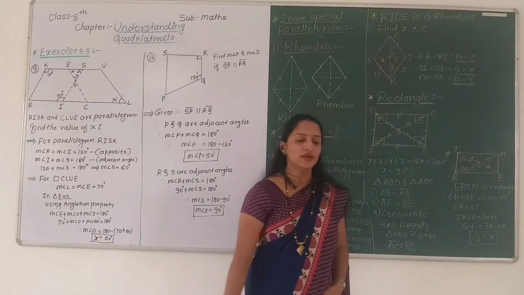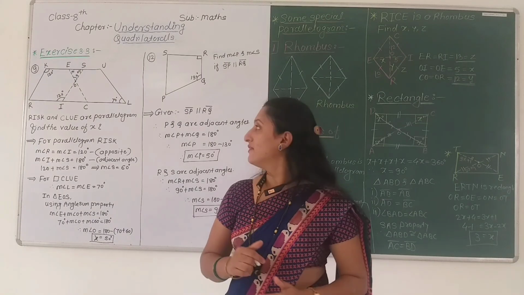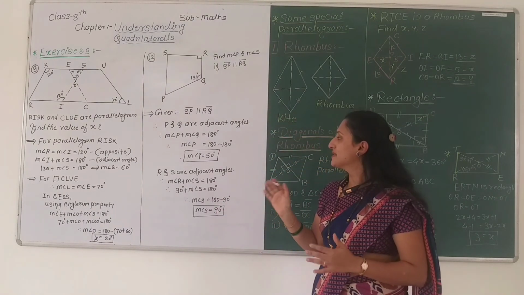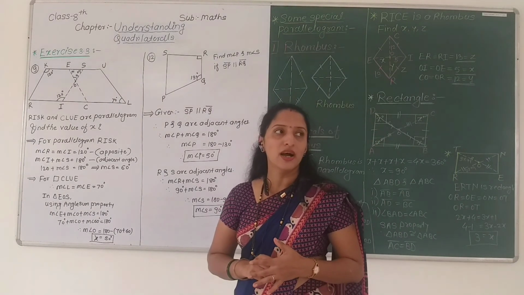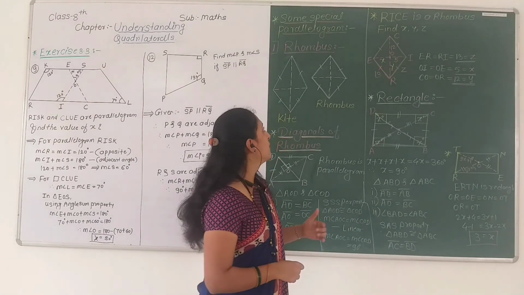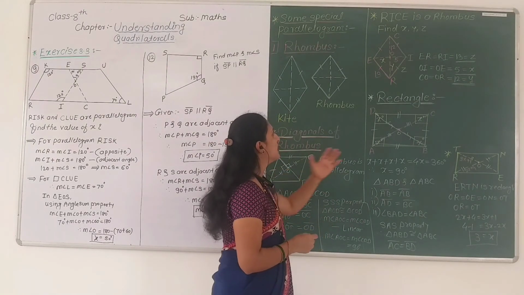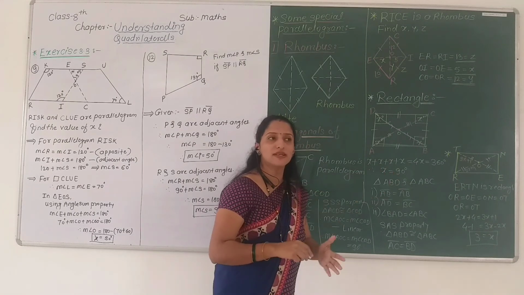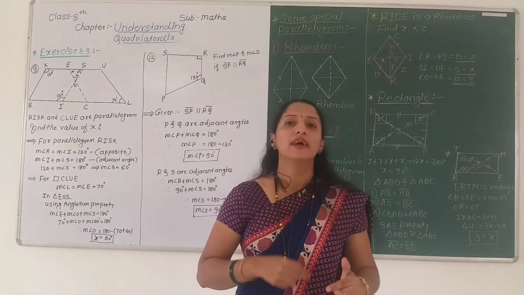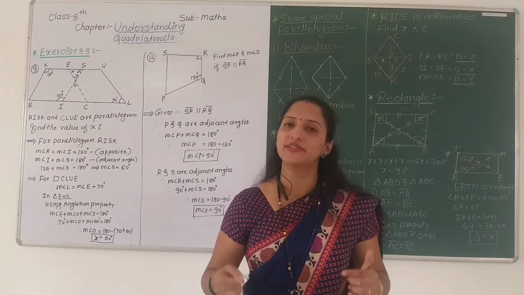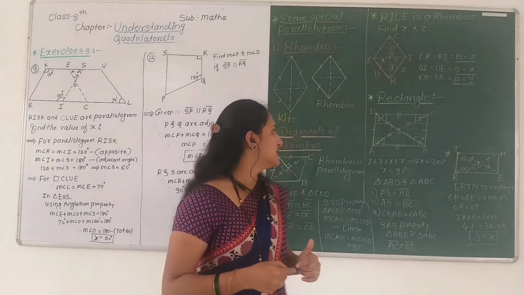Okay, so in today's lecture we have some remaining examples of exercise 3.3. Also some special types of parallelogram, rhombus and rectangle. A rhombus is also a parallelogram, having all the properties of a parallelogram. But what is the basic difference?